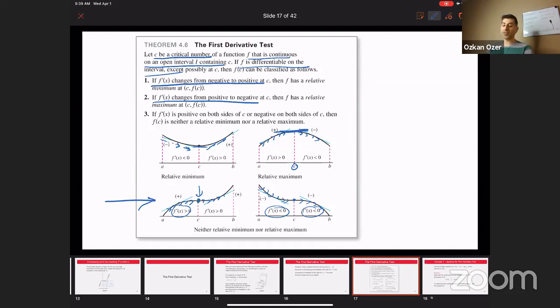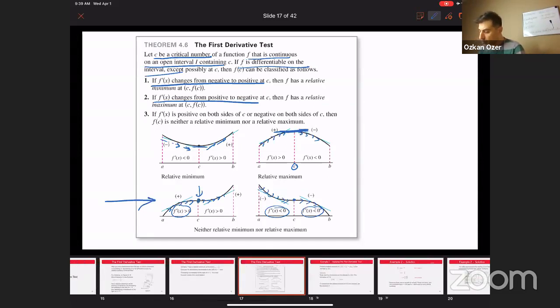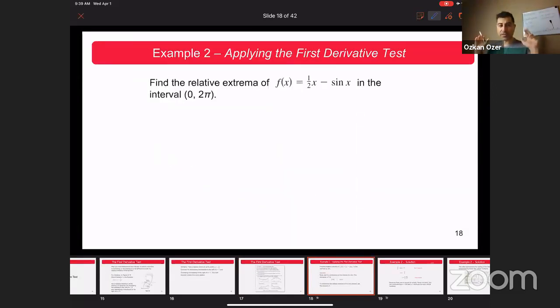Okay, so this is called the first derivative test. And when you have the sign chart, you're going to look at the change of the sign of f prime to pinpoint relative extrema. Let's have one more example to apply this concept of the first derivative test to pinpoint relative extrema.